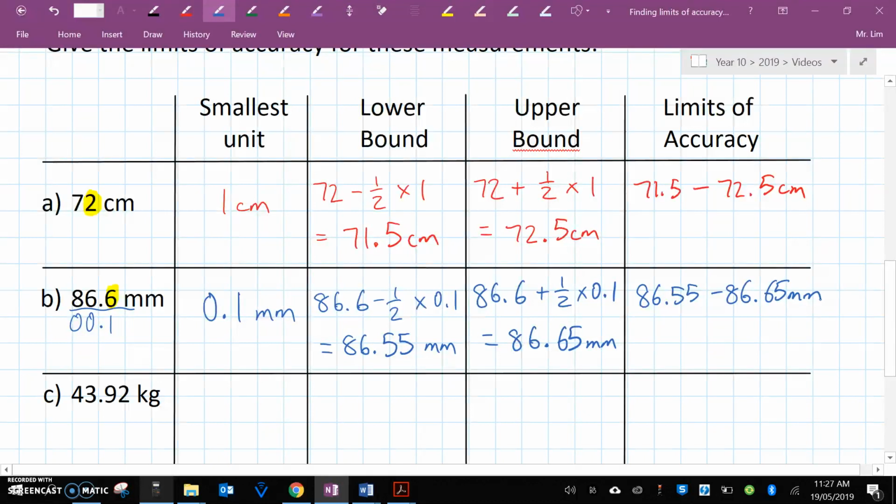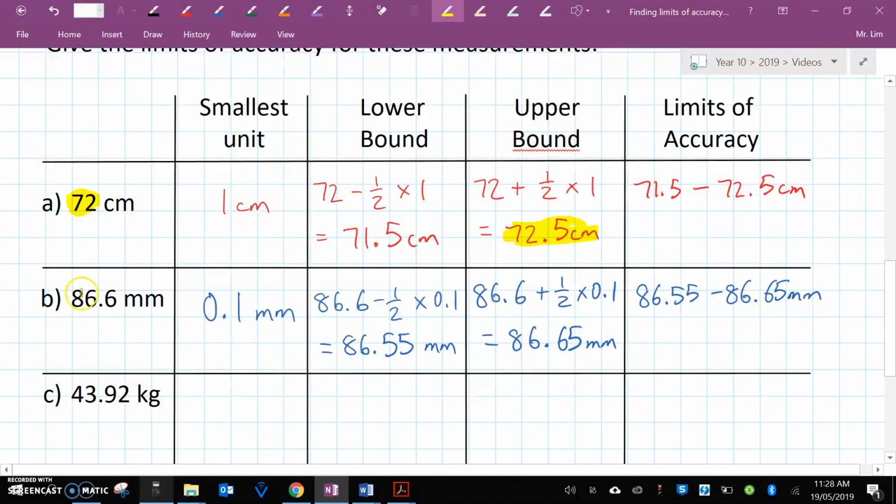Now you might be starting to notice a pattern. I always find it easier to work out the upper bound first. So let me just get rid of all this. If we have a look at the measurement, 72 centimeters, the upper bound is 72.5 centimeters.